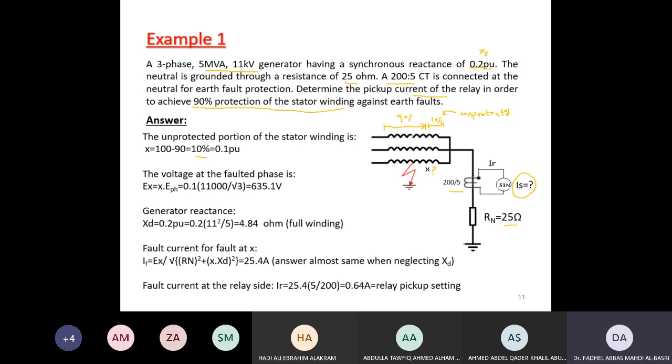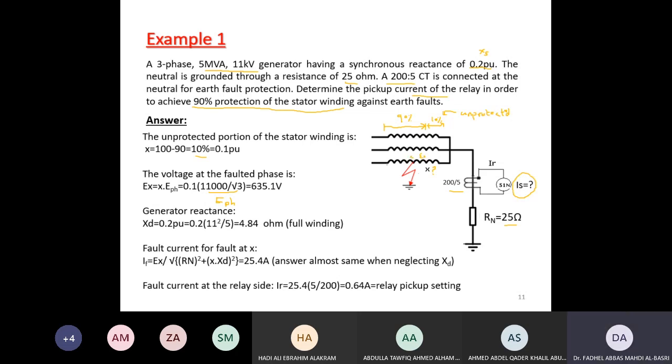Now the voltage up to the X point, up to 10%, will be 10% of the rated voltage. Rated voltage is 11 kV, and this is line to line, over root 3 gives the phase. So this is E phase, and I take 10% of that, which gives the voltage EX.